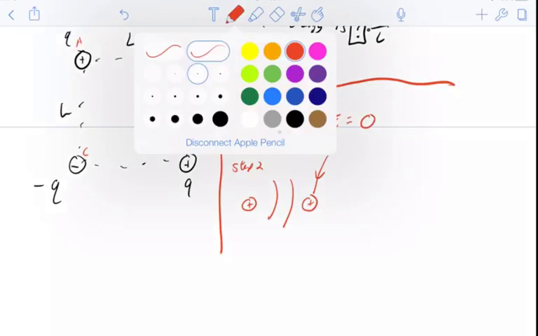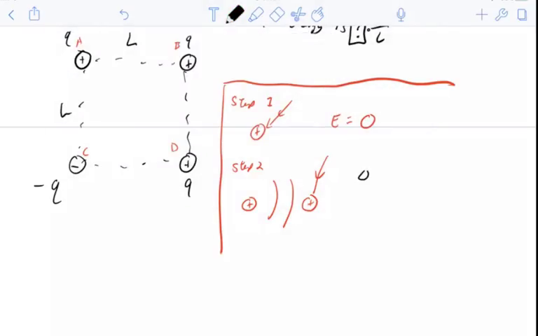The change in the potential for particle B is going to be Q, which is the charge of A, times K divided by L. L is the distance between them. So the energy it took to do so is going to be Q, which is the charge on B, times that, so it's going to be Q squared K over L.